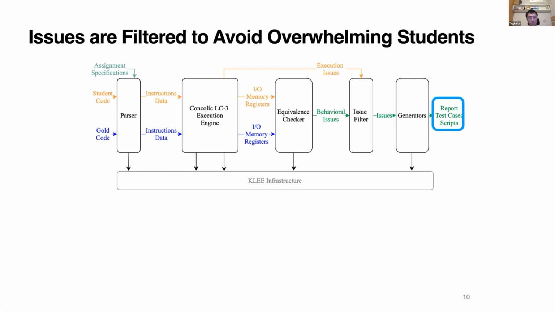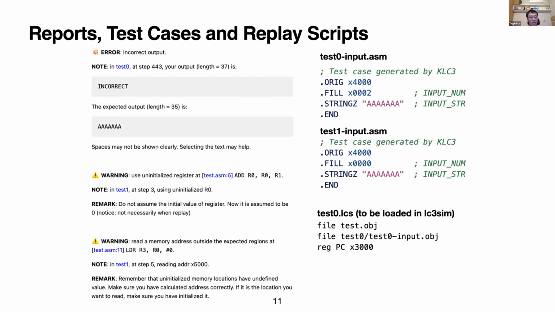As a result, we formatted the issues and generated the reports in markdown format so that students can look at them in the browser interface of GitHub. This is one example of the feedback given to students. On the left is the report that students can see on the GitHub webpage. It shows that the student code has behavioral issues, which is producing different output than the gold code for certain test cases.